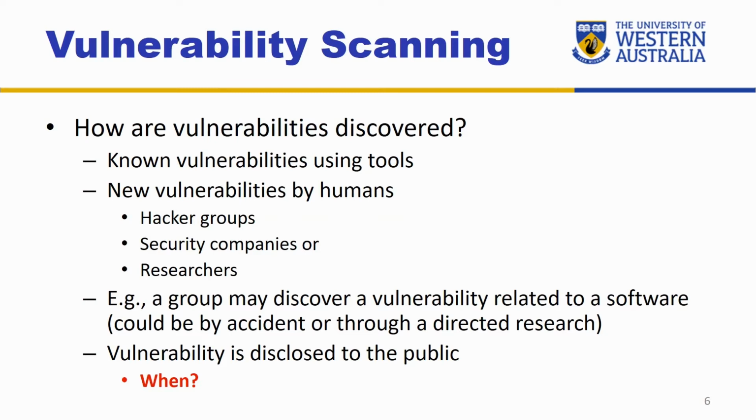He was trying to search for ways to spread a lot of packets into the network, and that's how he accidentally discovered it. Those vulnerabilities can then be disclosed to the public, and once disclosed, the signatures or the ways that they can be exploited can be included as part of the tools.